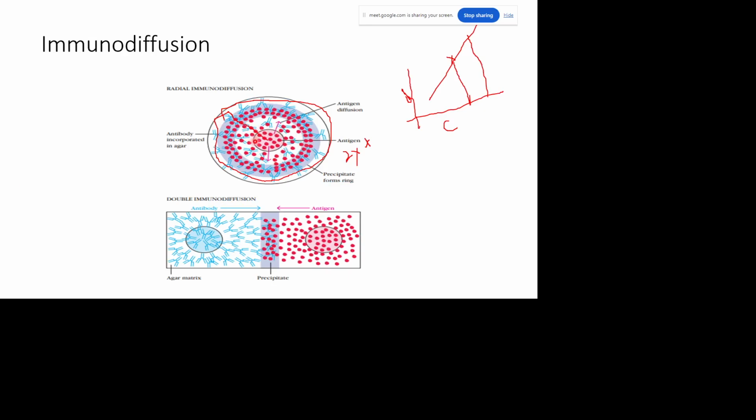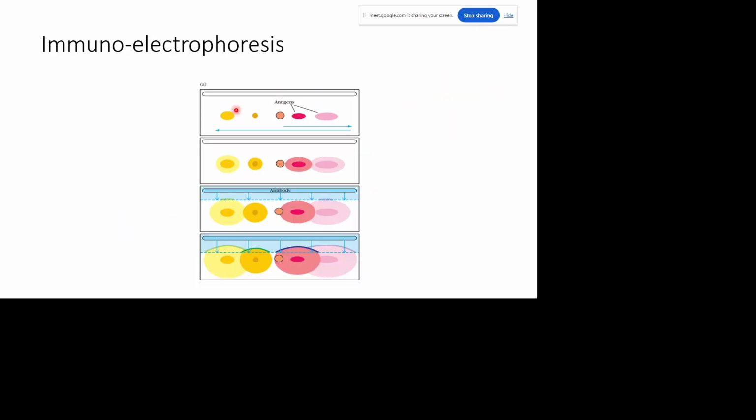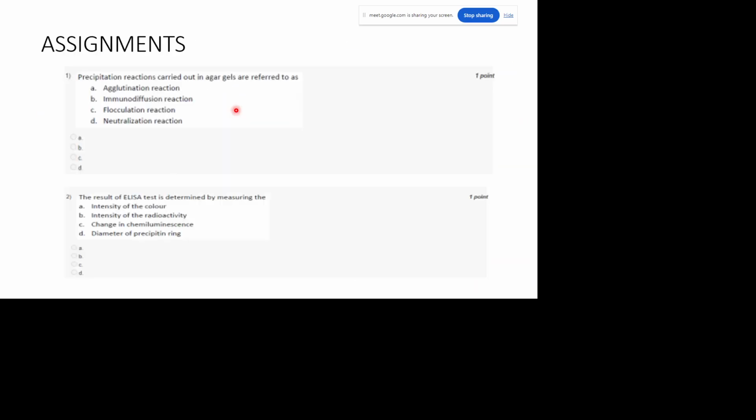The antigen was allowed to diffuse, then it found the area where it met the antibody of equal concentration, the equivalence zone, and it created a precipitation line. So precipitation reaction in agar gel is referred to as immunodiffusion. Option B is correct here.